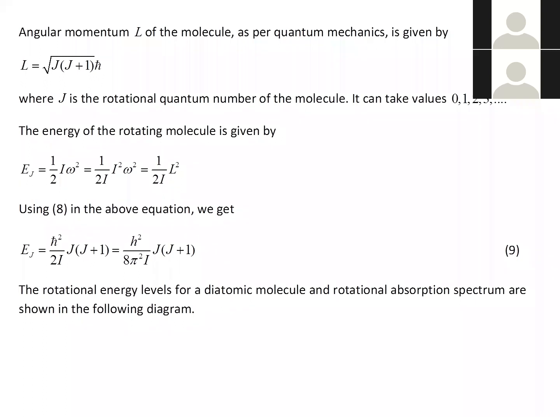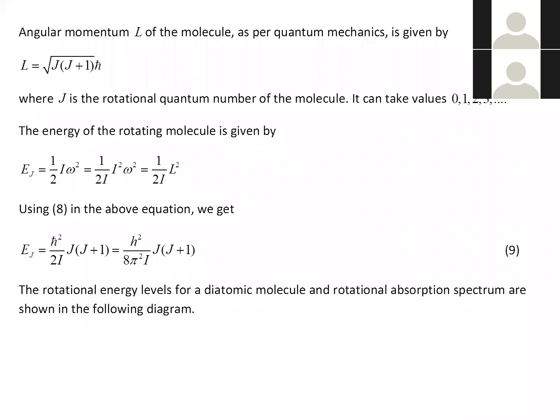I multiply numerator and denominator, which gives I square omega square divided by 2I. I into omega, as I said in the previous step, is nothing but angular momentum, capital L. So energy can be written as L square divided by 2I. The energy of the rotating molecule is given by L square divided by 2I.